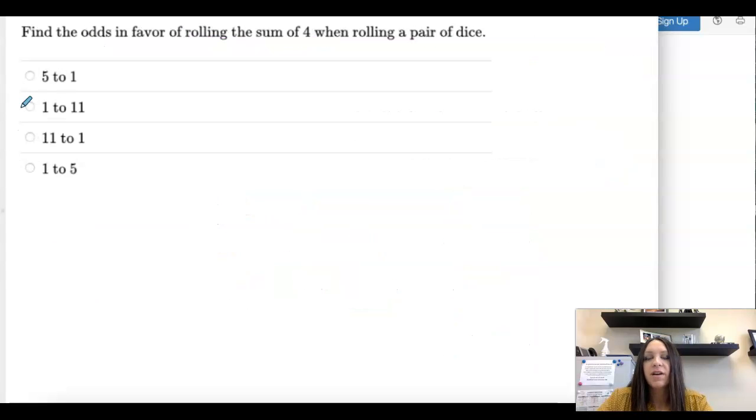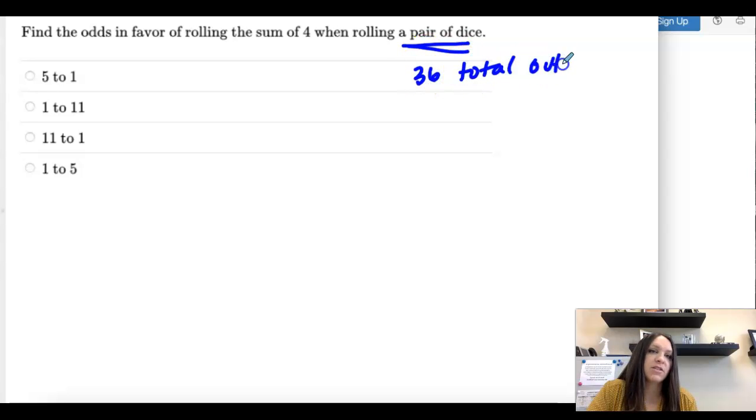Find the odds in favor of rolling the sum of 4 when a pair of dice is rolled. So pair of dice, we have 36 total outcomes. That's just something you're going to have to remember.